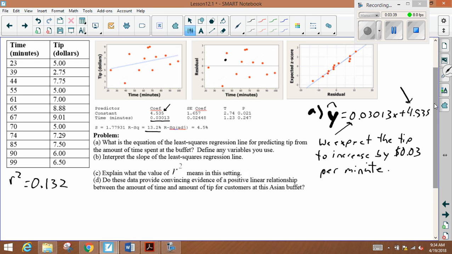Remember, our r squared value tells us the percentage of variation in y that can be attributed to x. Attributed to is a better way to say it.